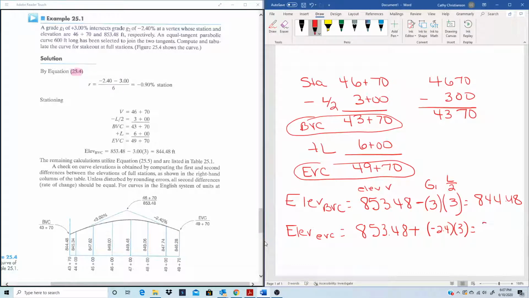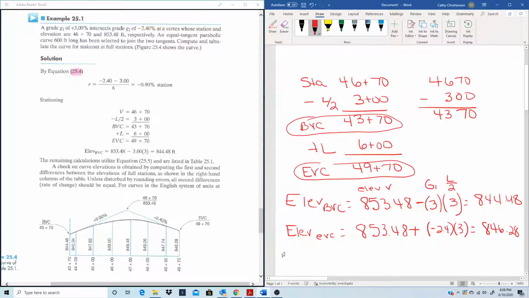And that would be 846.28. That's kind of a check for me. Alright, so from this point, if we've got our begin vertical curve elevation at 43 plus 70, it's a 600-foot vertical curve. The end is 49 plus 70.